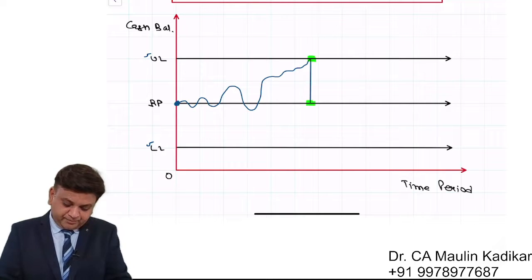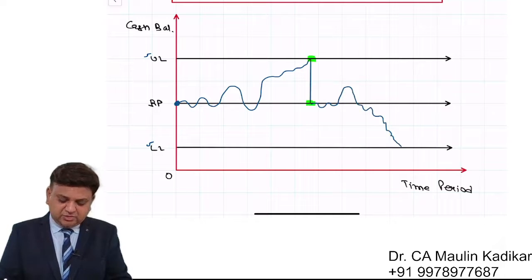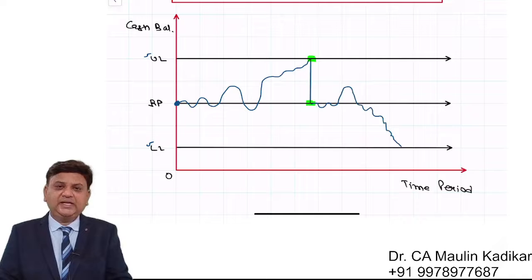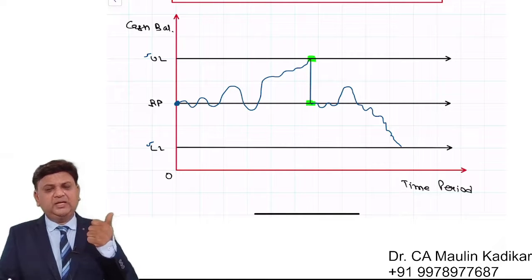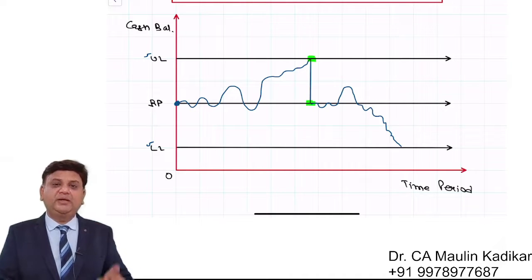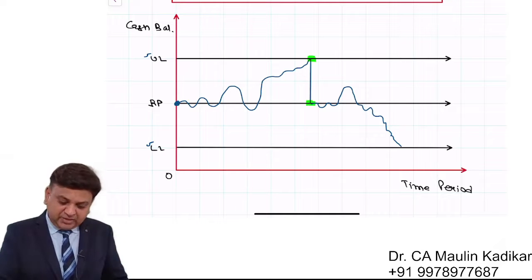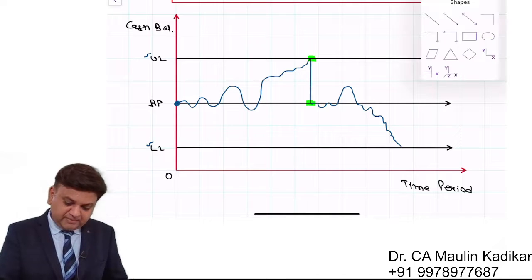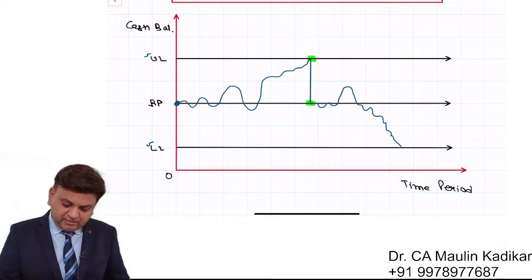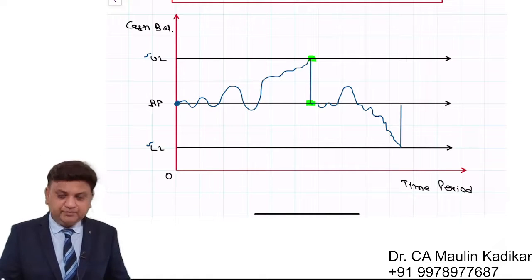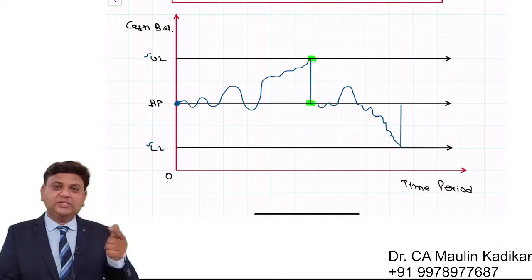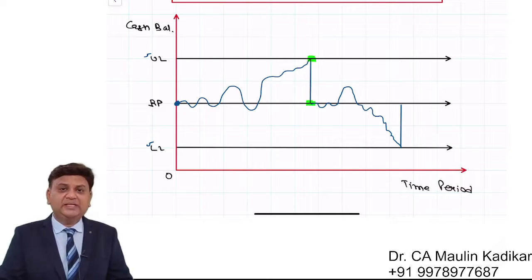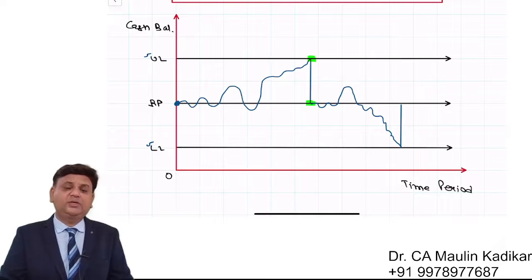Again, the cash balance will have some variation like this. Now it may happen that the balance reduces to the lower limit. Then whatever liquid securities investment you have made, you have to redeem in such a way that the balance increases from the lower limit to the return point.